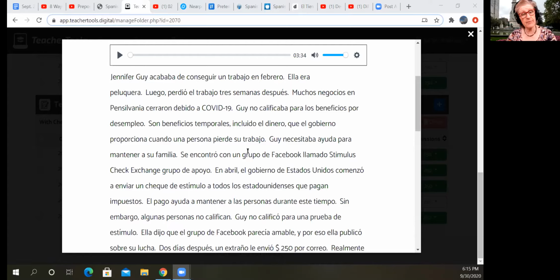Antes does the same thing. Después and antes, after and before, are opposite, mirror image words, opposites of each other, right? And después and antes behave the same way.